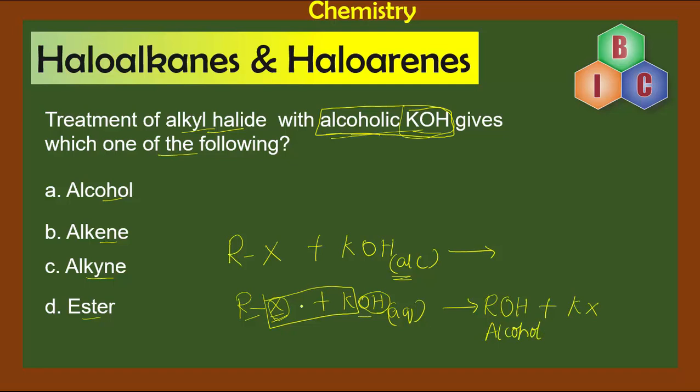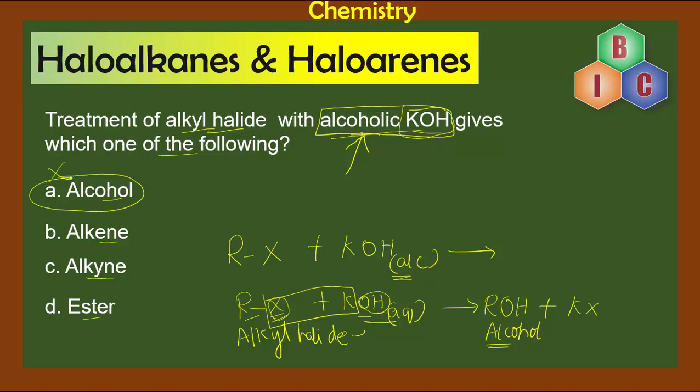RX is the alkyl halide. When you treat it with aqueous KOH, the product obtained will be alcohol. In case you do not treat this alcoholic condition properly, you will automatically land up at the answer alcohol, which will be the wrong answer.